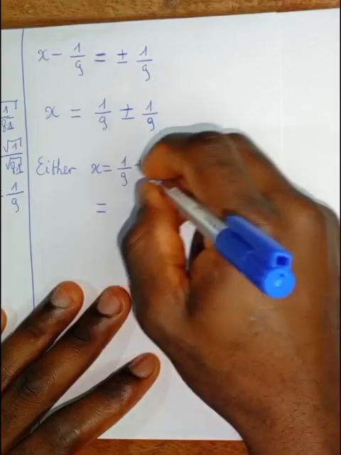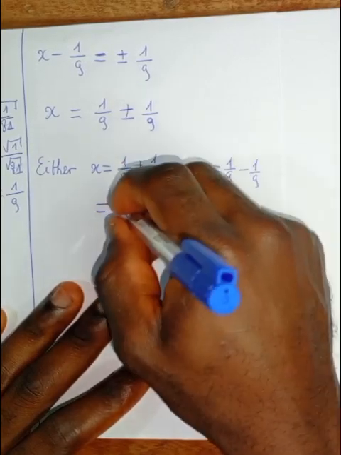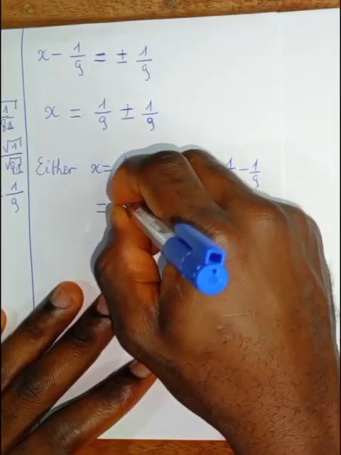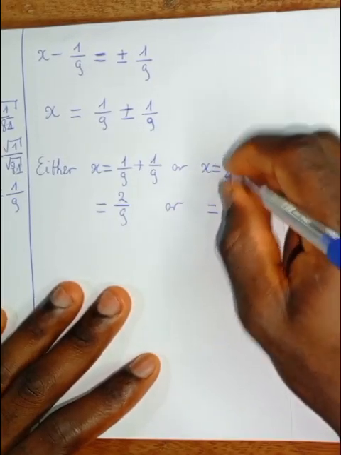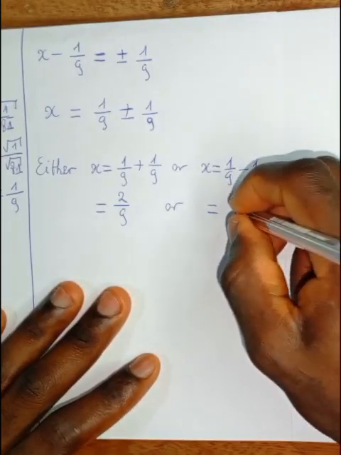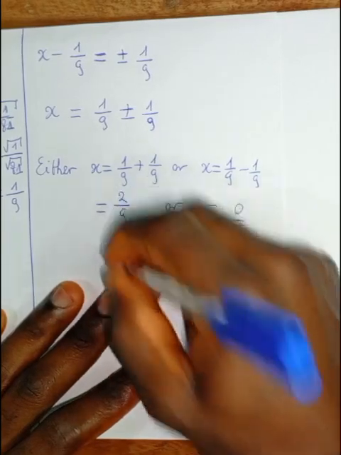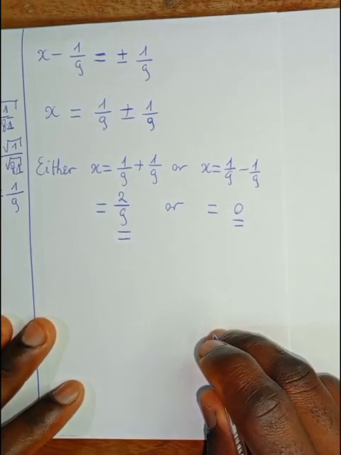Here, x will simply be equal to, the denominators are the same, 2 over 9, or 1 over 9 minus 1 over 9, which is 0. So these are the two values of x.